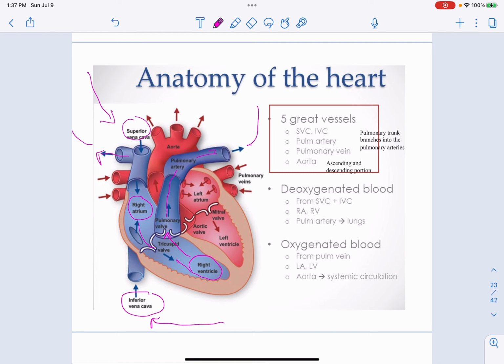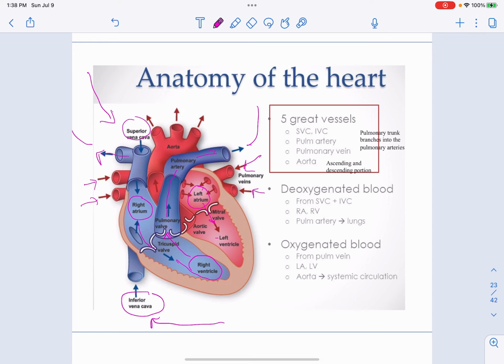The blood will then arrive back from the lungs, now that it is oxygenated, through the pulmonary veins, and there are four of them, okay? They are going to enter the left atrium. The blood will pass through the mitral valve into the left ventricle.